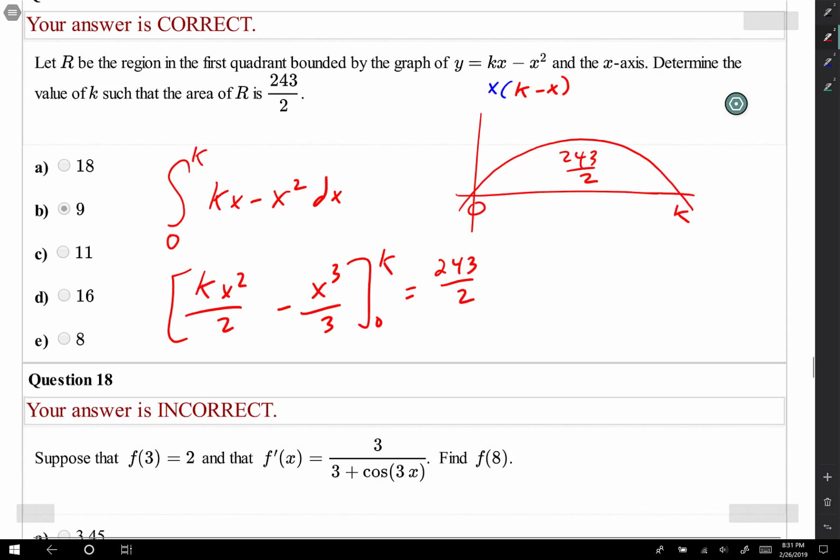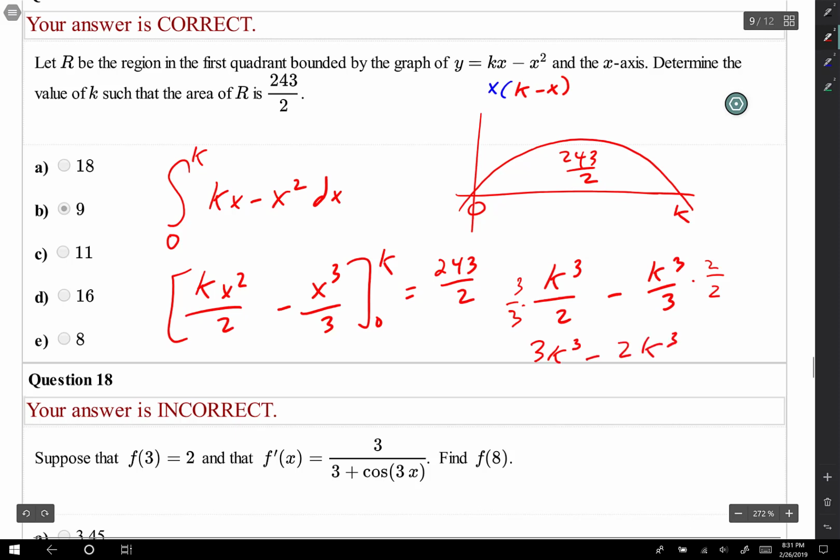I'm going to plug in k. So k squared times k is k cubed. So I have k cubed over 2 minus k cubed over 3. I'm going to get a common denominator: multiply this by 3 over 3, that by 2 over 2. So you're going to get 3k cubed minus 2k cubed over 6 equals 243 over 2.